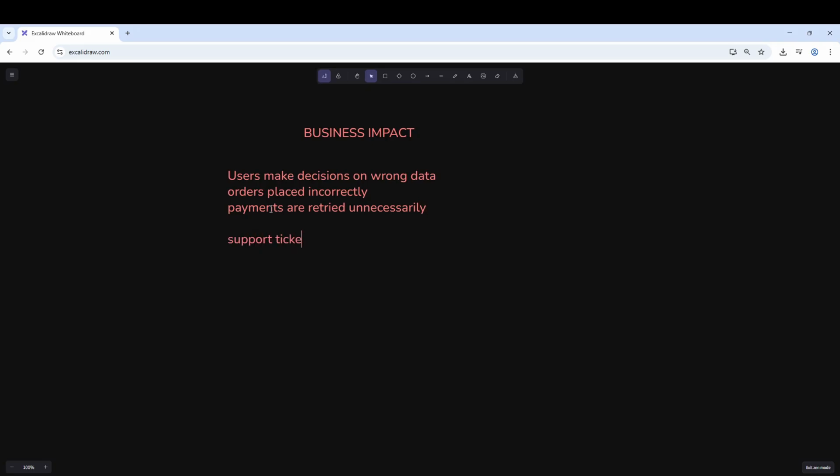Support tickets explode. Trust erodes silently. Money doesn't just leak, reputation leaks. And reputation is harder to fix than most outages.